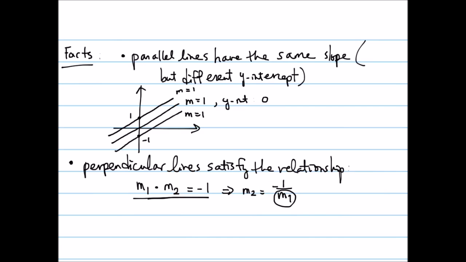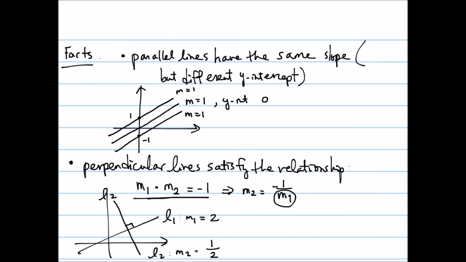For example, if I have a line here, L1, with a slope of 2, then the line perpendicular to it, which is L2 in this picture, would have the slope 1 over 2, because you invert it first, and then you add a negative sign in front, which is -1/2.